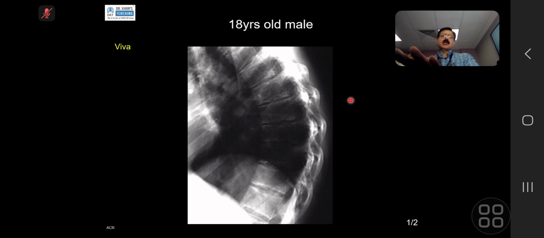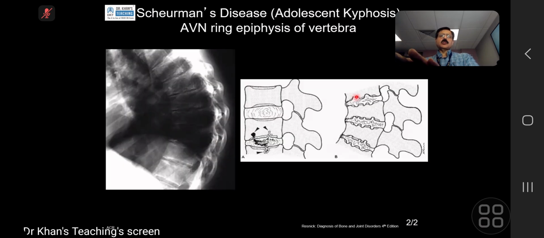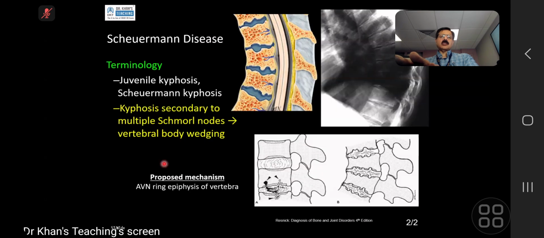Excellent. Well done. So, what is Scheuermann's disease, also known as adolescent kyphosis? The proposed mechanism is that there is avascular necrosis of the ring epiphysis of the vertebra.